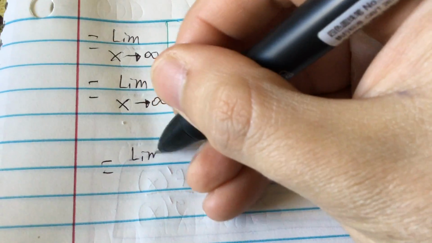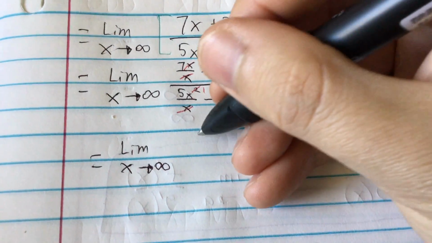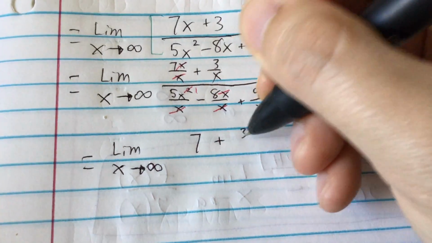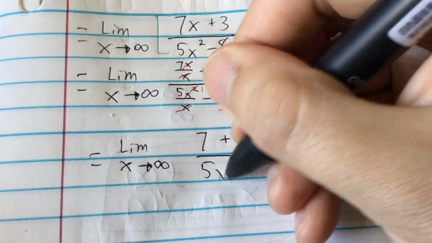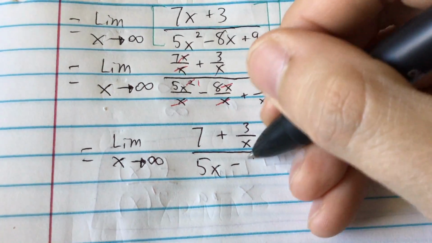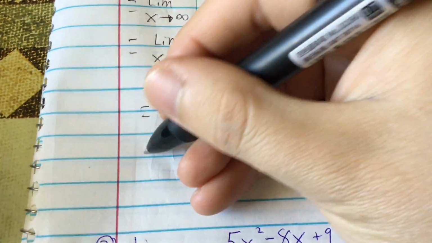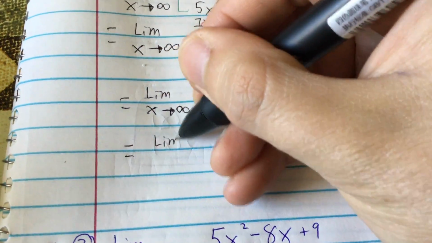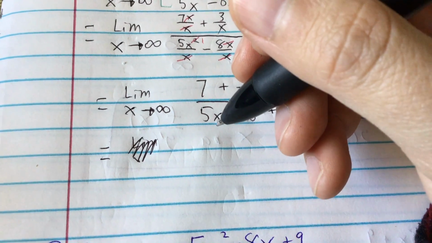So now I'm left with the limit as x approaches infinity, and if I were to just plug it in, I'd get 7 plus 3 over x over 5x minus 8 plus 9 over x. And now, when I plug in infinity to this problem, I'm not plugging in the limit as x approaches, I'm plugging in infinity at this point.